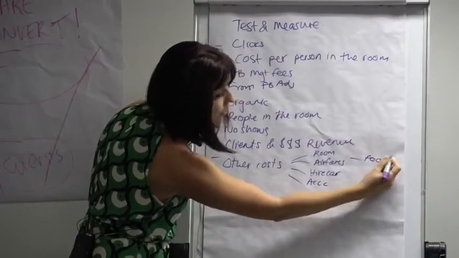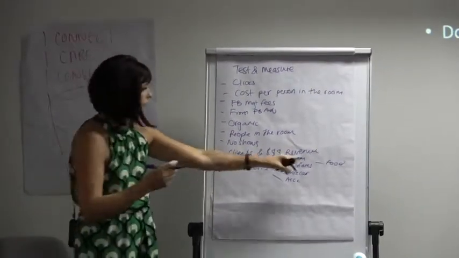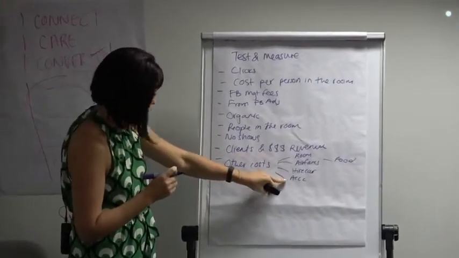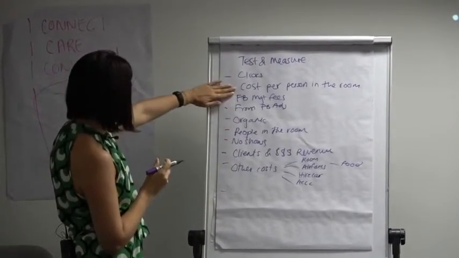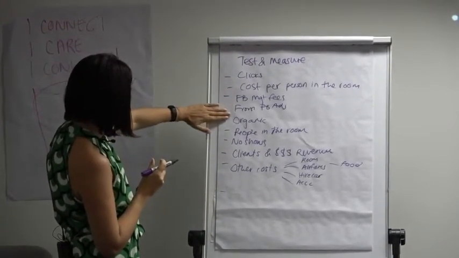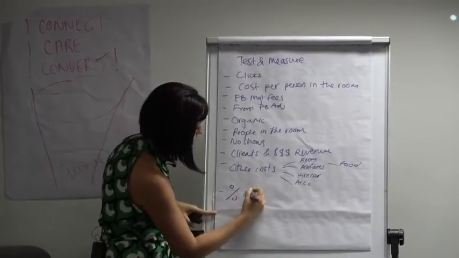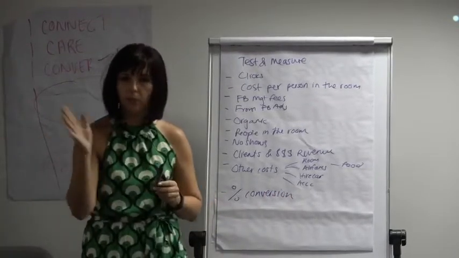F&B, food and beverage. Yeah, food and beverage, hire car, accommodation. Yep, those are the 5 generally. Clicks, cost per person, management fees, Facebook ads, organic people. I do percentages of conversion, so you can see where you're converting.